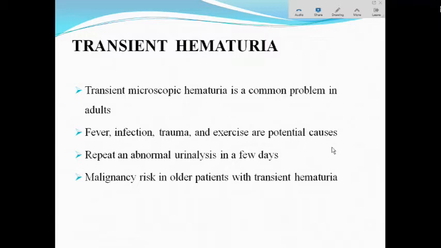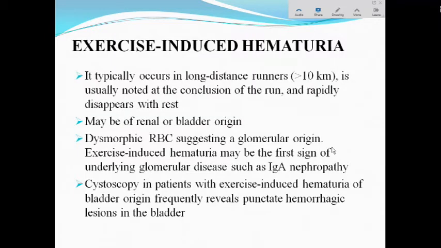But in older individuals, always rule out malignancy, especially those at risk, like a smoker or an older individual. Exercise-induced hematuria, like in a long distance runner: at the end of running they can note hematuria, but once they take rest, this subsides. It can be of renal origin or bladder origin.